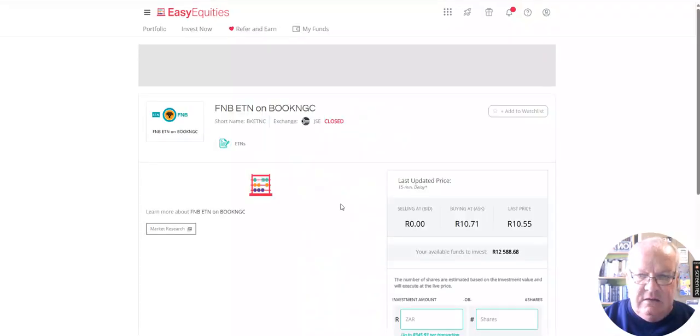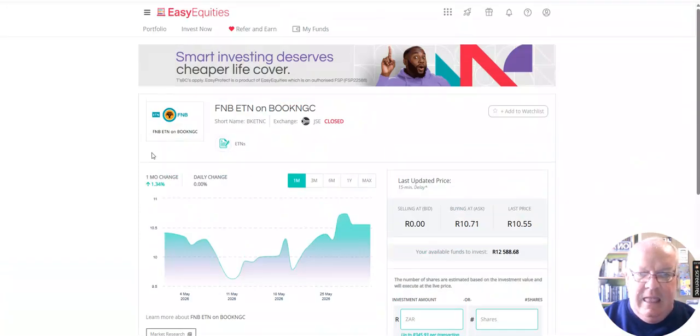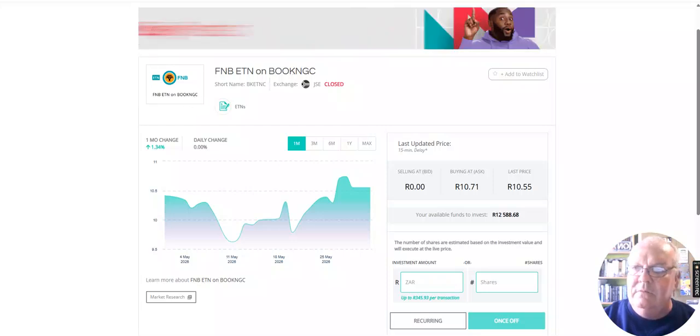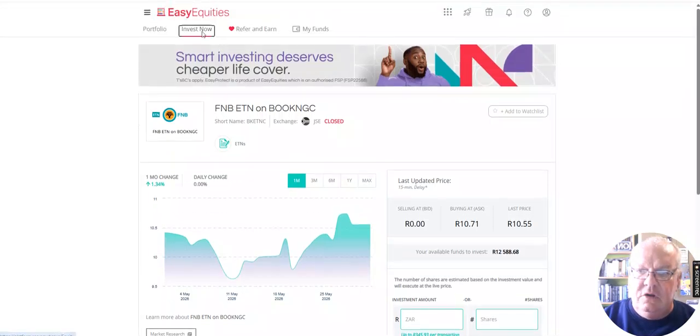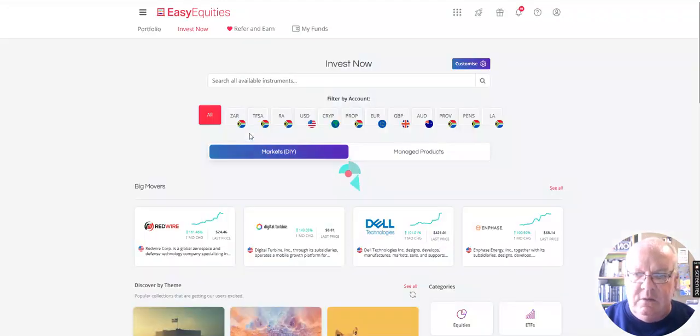Let's have a look here. South African markets. It's not very clear, is it? I wish they'd change that. Anyway, there's all of these different ones that you can choose. If we go back, let me stick to the ones that we know.